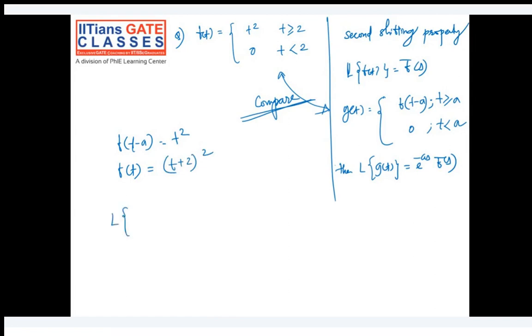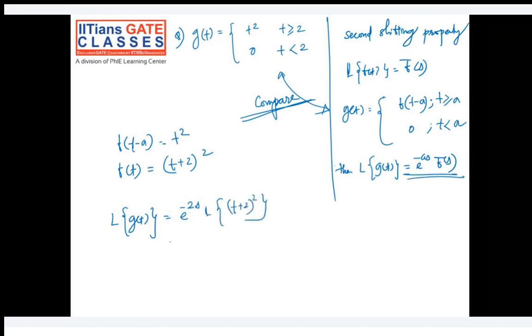Let's call it g of t, to avoid confusion. It is e to the power minus 2s Laplace transform of t plus 2 whole square, and we'll get e to the power minus 2s Laplace transform of t square plus 4t plus 4.